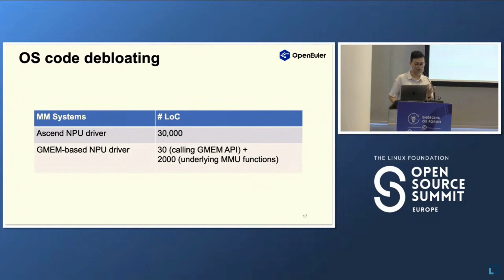The high-level API really avoids reinventing the memory management mechanisms. There are also another 2,000 lines of code for the underlying MMU functions to be registered. So it reduces the development effort by 90%.